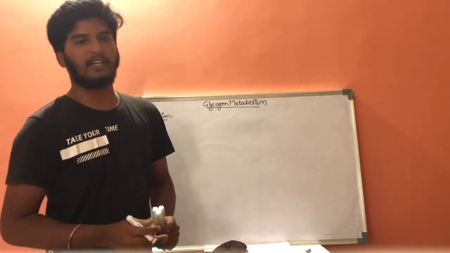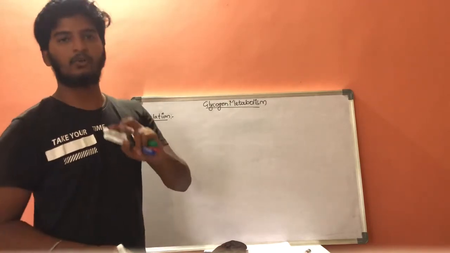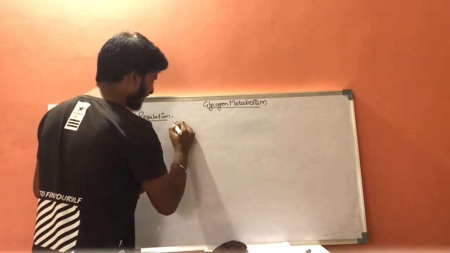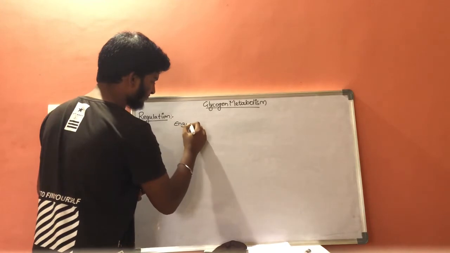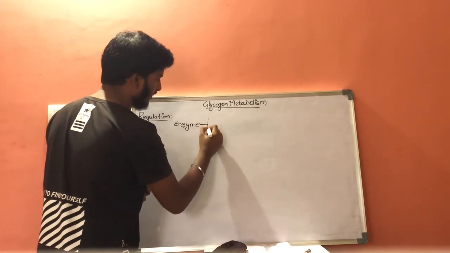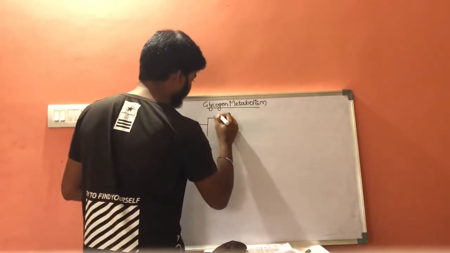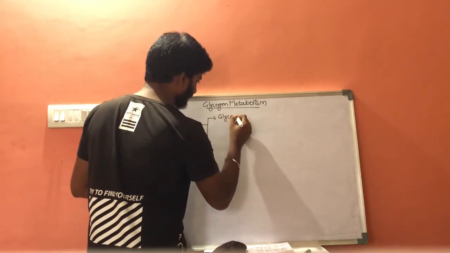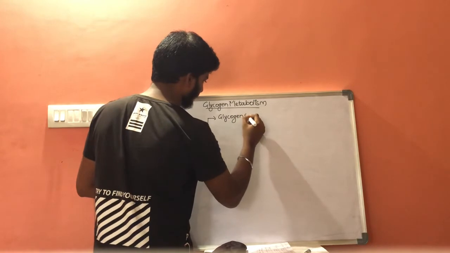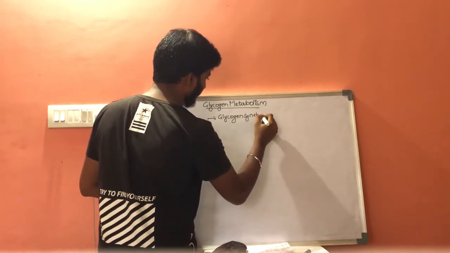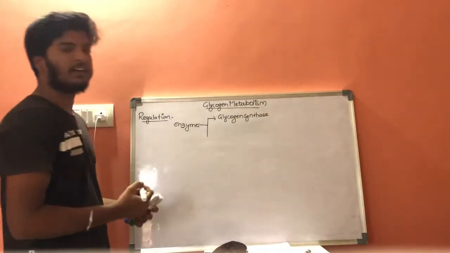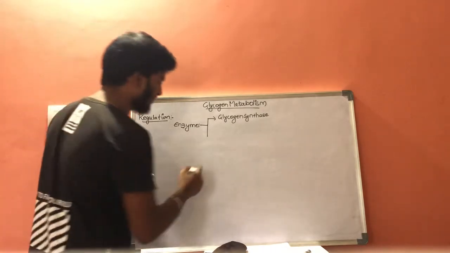Now, if we discuss glycogen metabolism, let us discuss regulation first. Regulation of glycogen metabolism is done by two enzymes: glycogen synthase and glycogen phosphorylase.